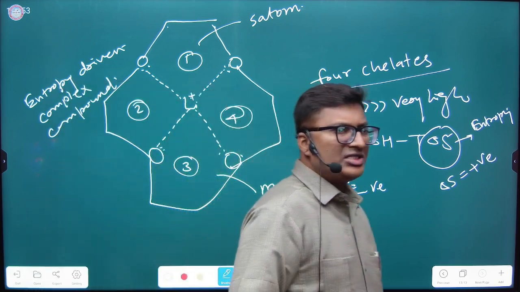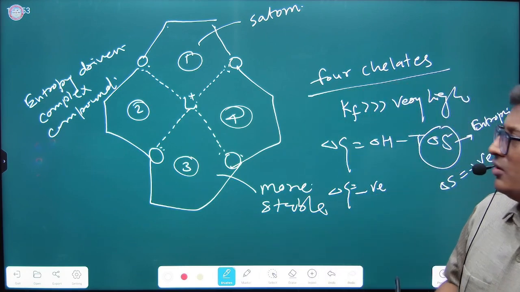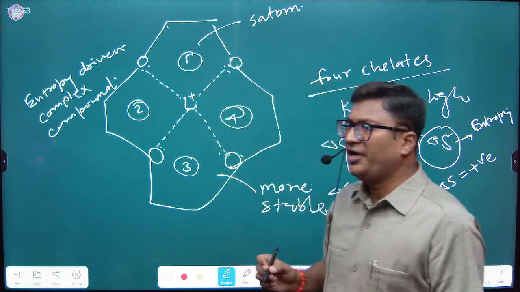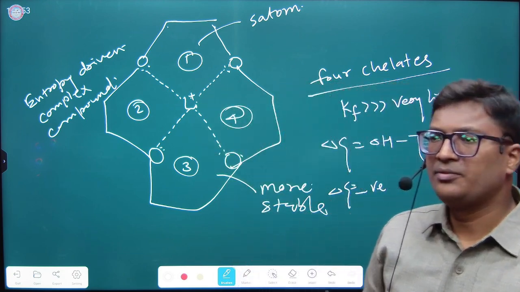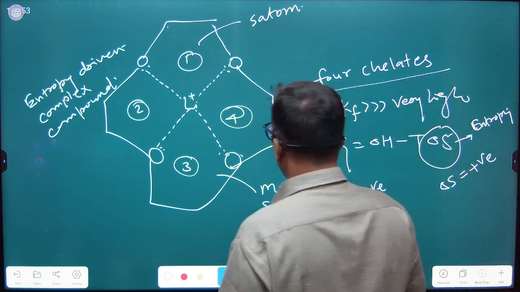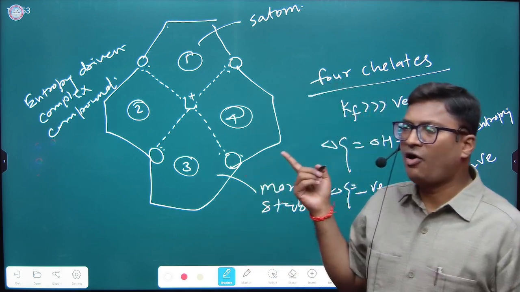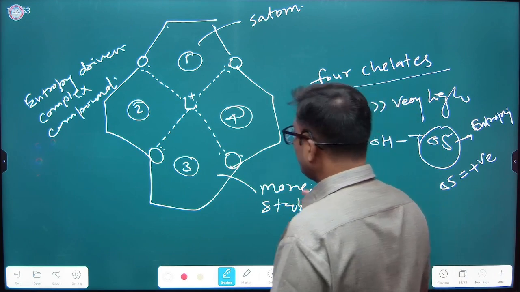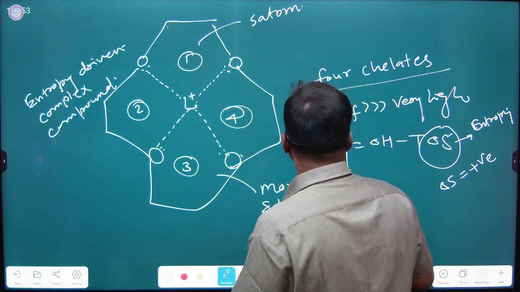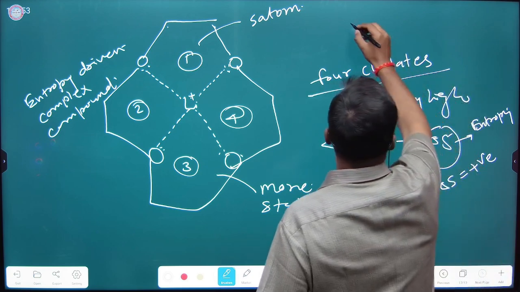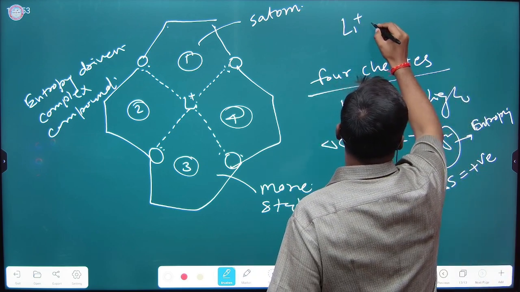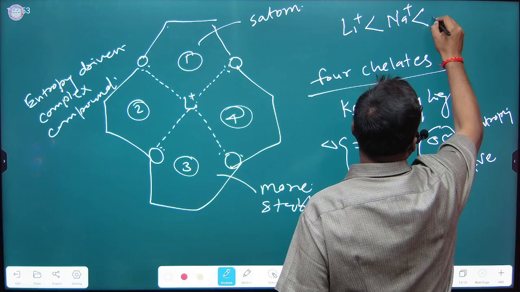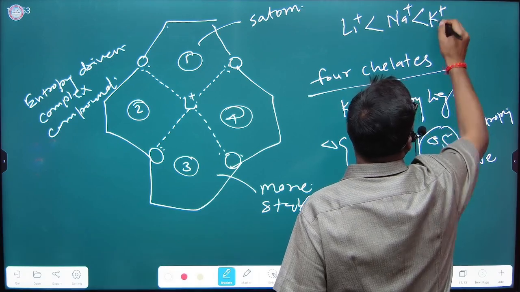Means lithium plus prefers 12 crown 4, but in this ligand if you add sodium salts or potassium salts, it will not form complexes with sodium cation or potassium cation because of the size effect. Means if you think, the size of lithium plus is smaller than sodium plus, and sodium plus is smaller than potassium plus.